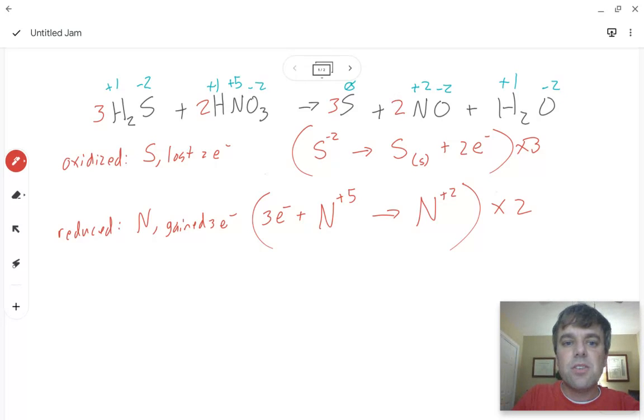And then we just need to take a look at our hydrogens and oxygens and see how they all fit into here. We have 6 oxygens on the left side. We've got 2 plus, we're going to try 4 right there. And then that's 8 hydrogens on the right-hand side. And on the left-hand side, we have 6 plus 2, which is 8 hydrogens. It all works out nice and beautifully.